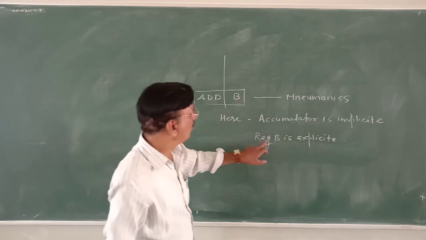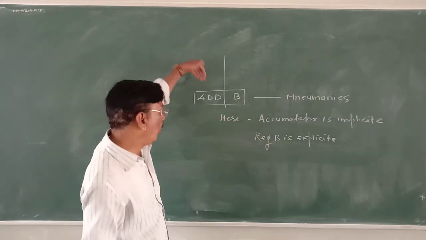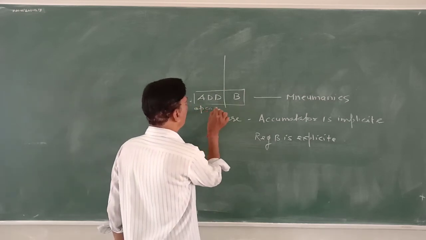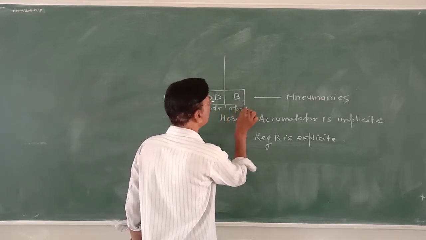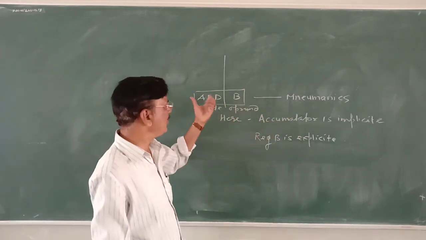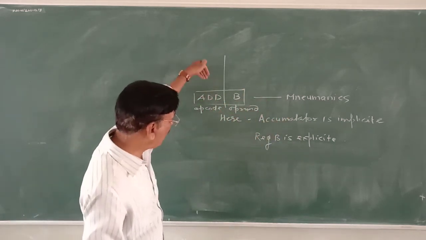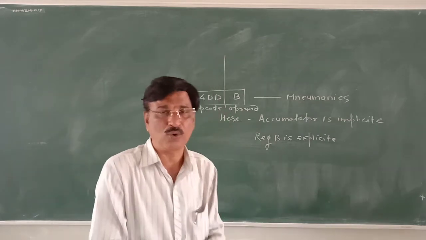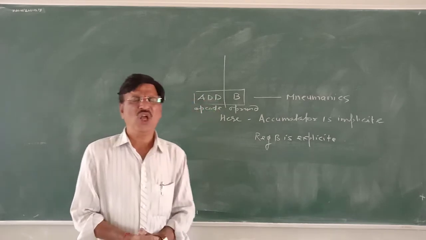The explicit operand is register B, which is given along with the opcode. Any instruction is made up of opcode and operand. So the explicit operand is register B, and the implicit one is along with the opcode, along with the ADD opcode. That is called implicit.